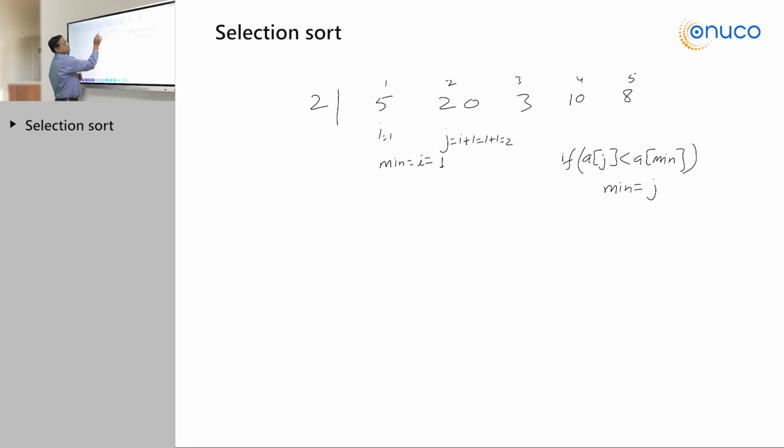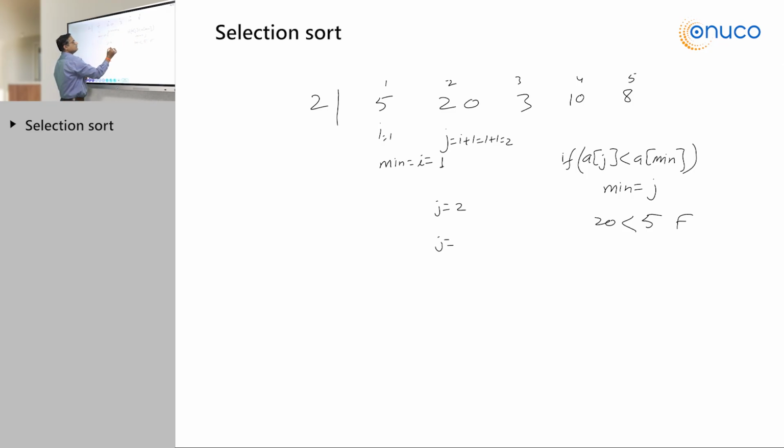So let us see in this case. J is here, where j is 2, a of j is 20. Is it lesser than 5, a of min, 5? No, it is false. So you are not going to update this; min remains the same value as i.